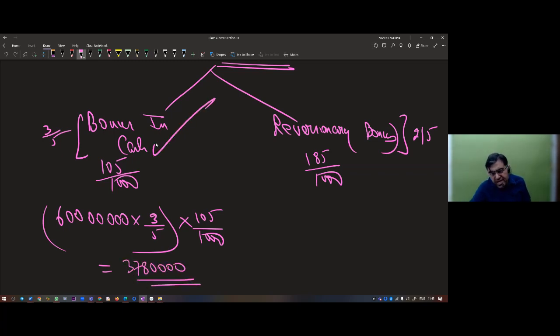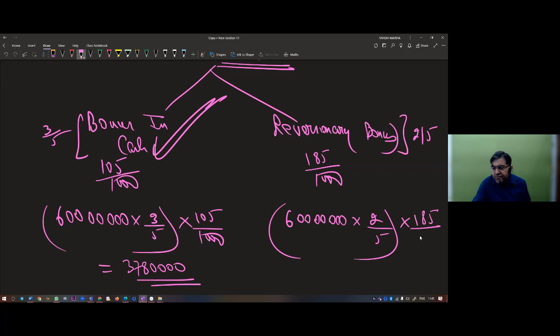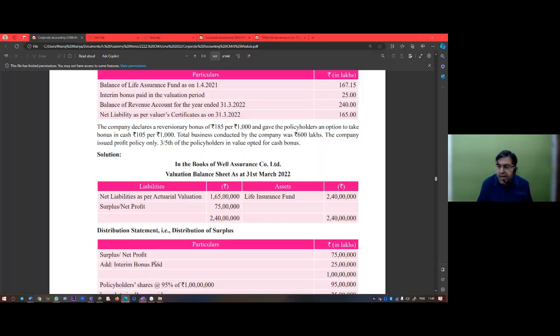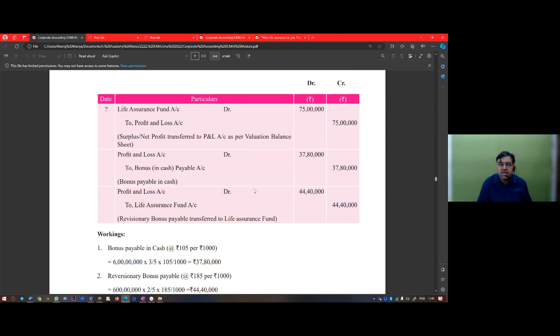That is bonus in cash. 600 lakhs, 2/5 say reversionary bonus, and reversionary bonus is 185 versus 1000. 600 lakhs into 2/5 gives 44 lakh 40,000. So 3780 and 4440. First of all, match the amounts. The amounts will match.